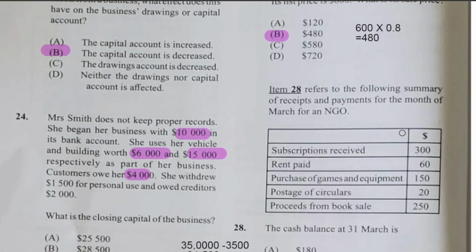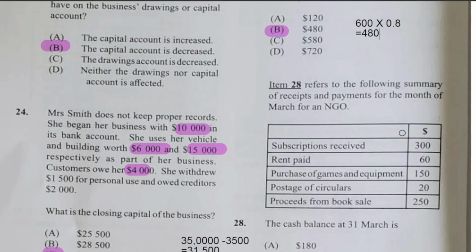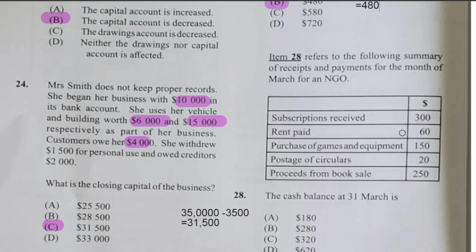The following item 28 refers to the following summary of receipts and payments for the month of March for a non-government organization. The cash balance at the end of the month is, so let's look at this. Income. Alright, this is not an income, let's look at the income one. Purchase, postage. Alright, income.